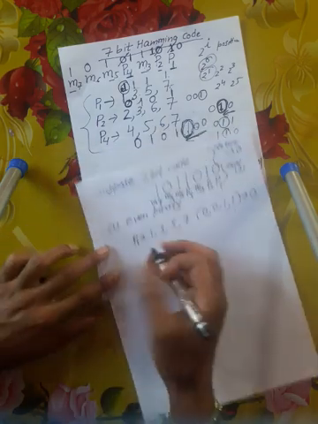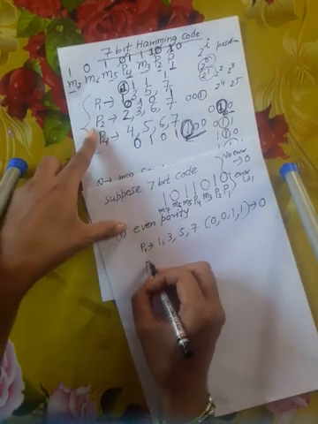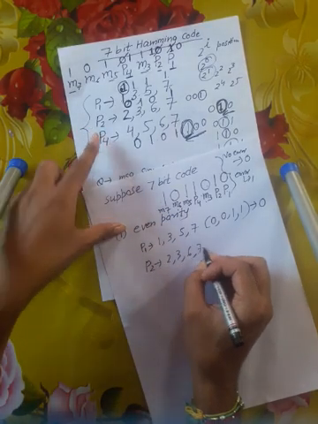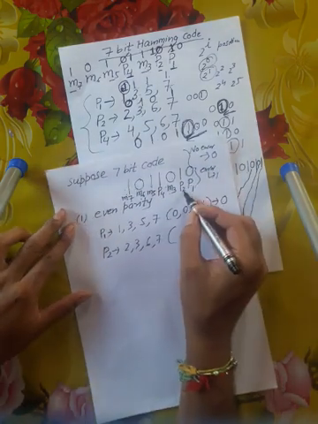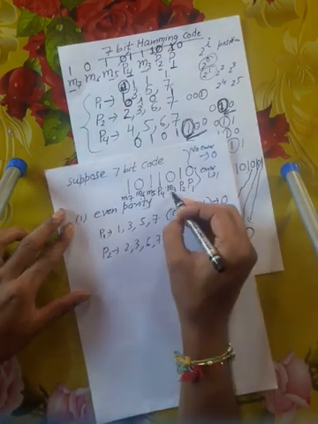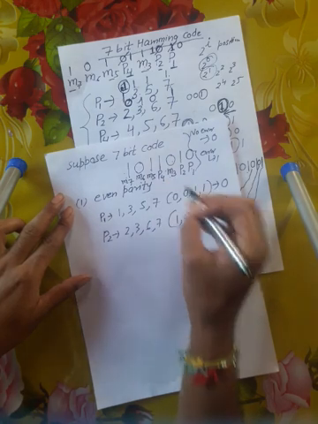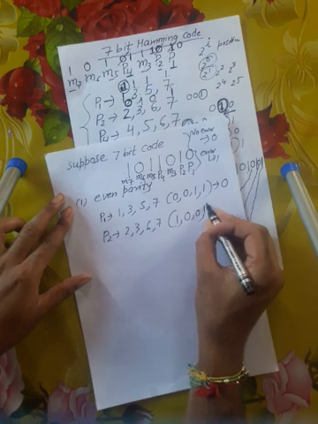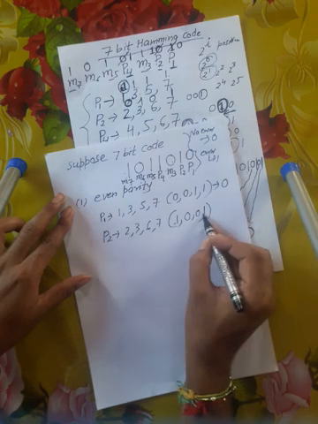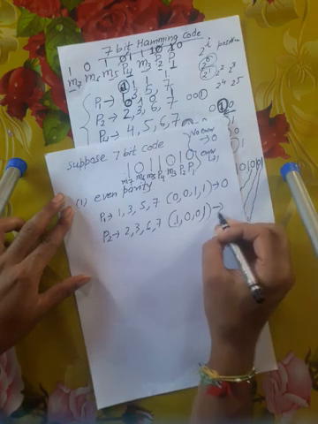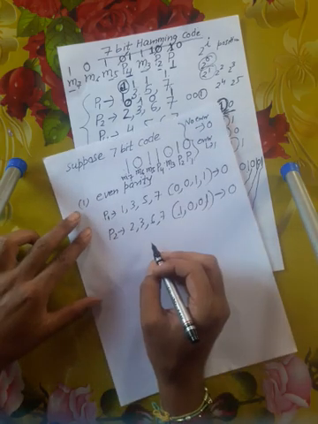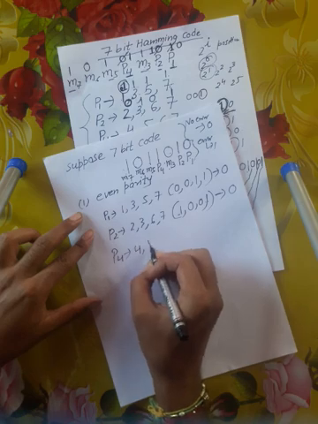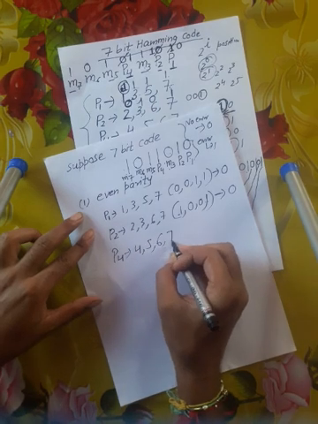Okay, next for P2: 2, 3, 6, 7. What is the value of 2, 3, 6, 7? 2, its value is 1, 3, its value is 0, 6, its value is 0, and 7, its value is 1. So there are already even number of ones, so again there is no error, so value will be 0. Now check for P4. What is P4? 4, 5, 6, 7.